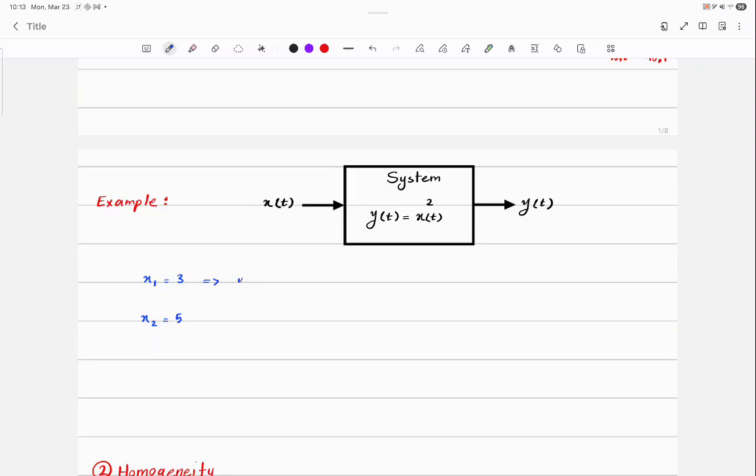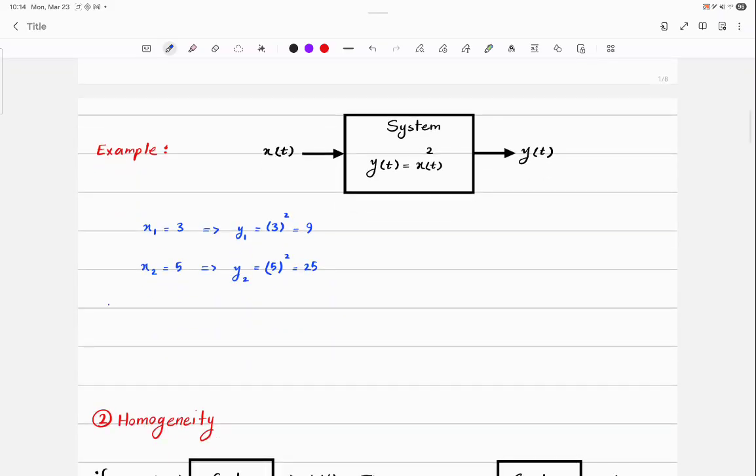Can you tell me what is Y1, the associated output? 9, right? Do you see the system equation? Whatever comes to the input gets squared, goes to the output. So Y1 is equal to 3 squared, which is 9. Y2 is equal to 5 squared, which is 25.